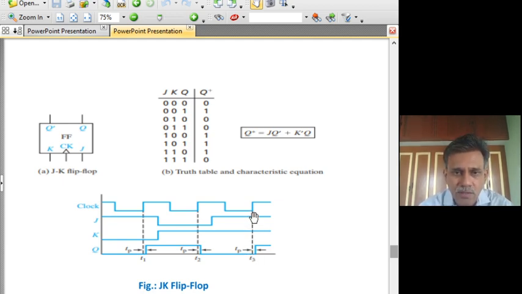And during this transition, J is 1, K is 1, which means this condition where there is a toggling of the output of the flip-flop. So the output was originally 0, it toggles to 1 after some propagation delay. So this is the timing diagram for the JK flip-flop.